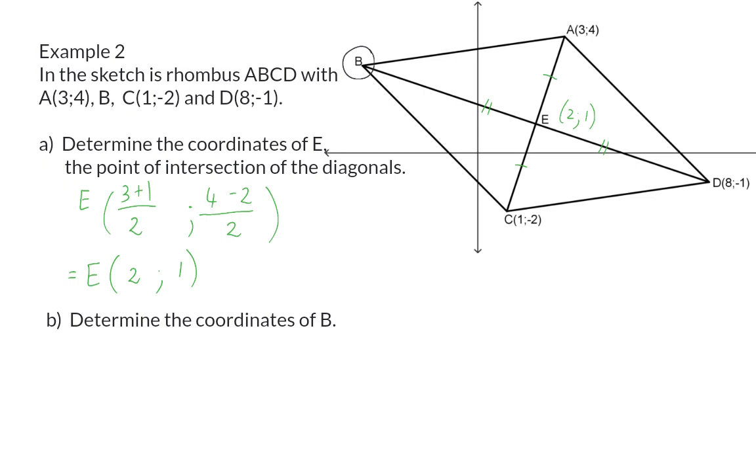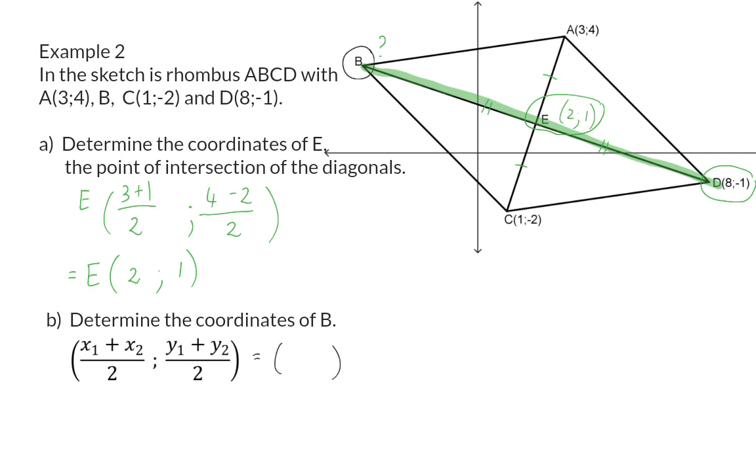Here we're once again going to make use of the fact that the diagonals bisect each other. This time, however, we have the start of the segment, we have the midpoint of the segment, and we want to determine the endpoint. We are still going to make use of our midpoint formula, but the difference is this time we actually have the answer already and know that the coordinates of the midpoint will be 2 and 1.